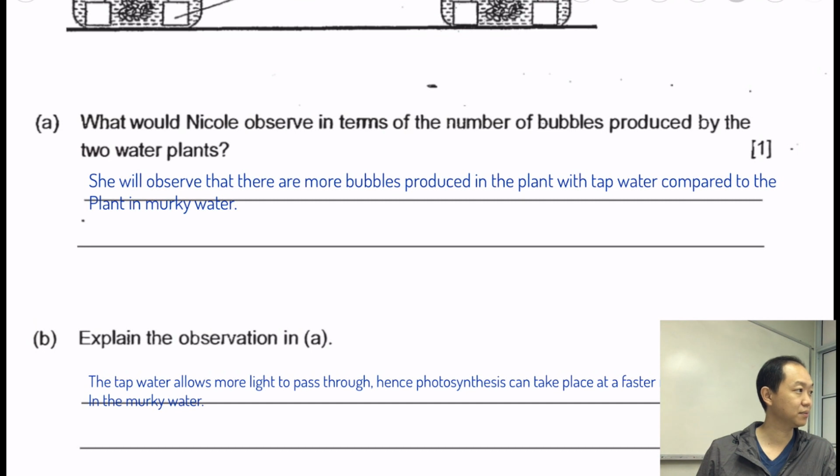If you say the plant in the murky water cannot photosynthesize, that is wrong. It can. Just the rate of photosynthesis is lesser. Okay? That is the thing. Next. This type of question is quite standard.